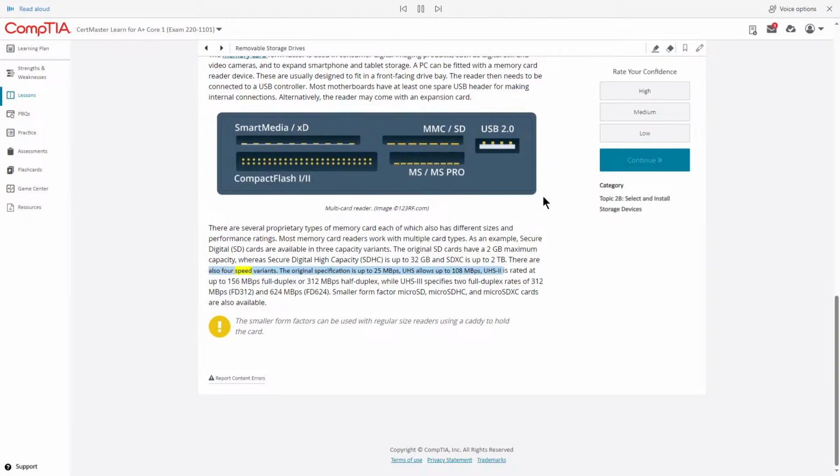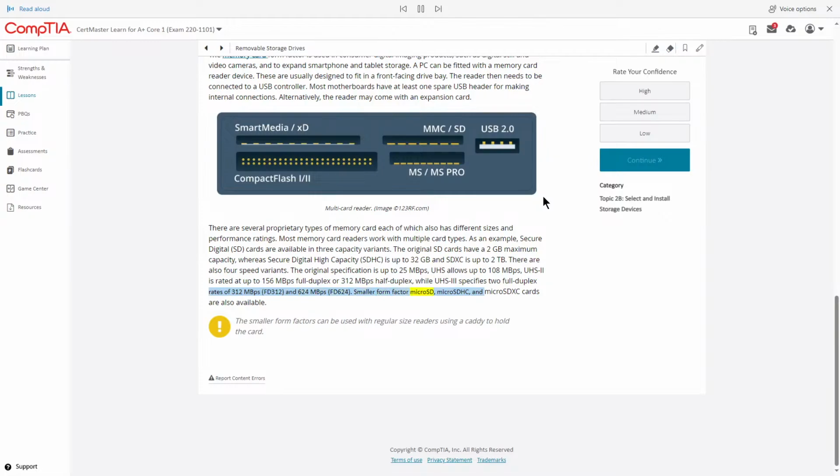There are also 4 speed variants. The original specification is up to 25 MB per second. UHS allows up to 108 MB per second. UHS 2 is rated at up to 156 MB per second full duplex or 312 MB per second half duplex, while UHS 3 specifies 2 full duplex rates of 312 MB per second, FD312, and 624 MB per second, FD624.